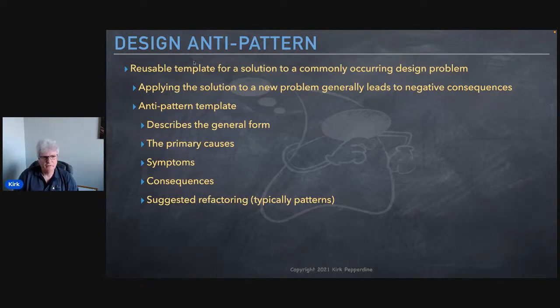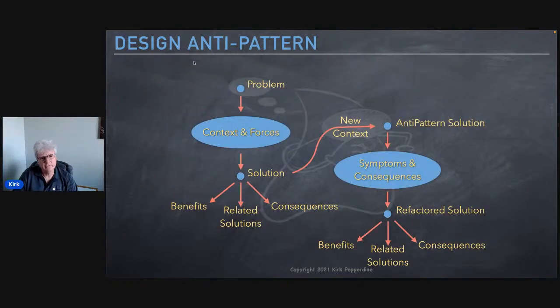So we're going to describe the general form, primary causes, symptoms, consequences. But unlike the pattern template, what we're going to do with this one is suggest a refactoring or an alternate pattern that we can use that would lead to a better outcome.